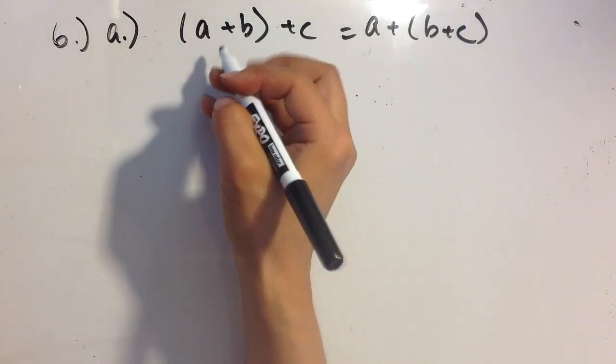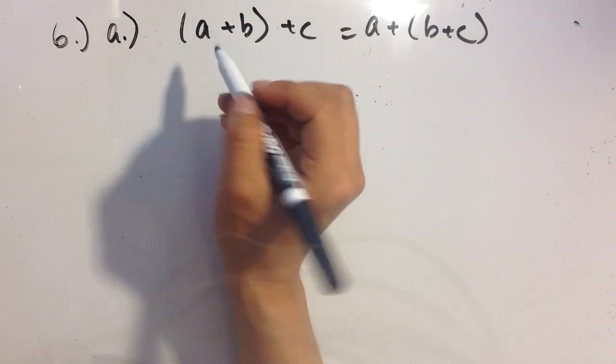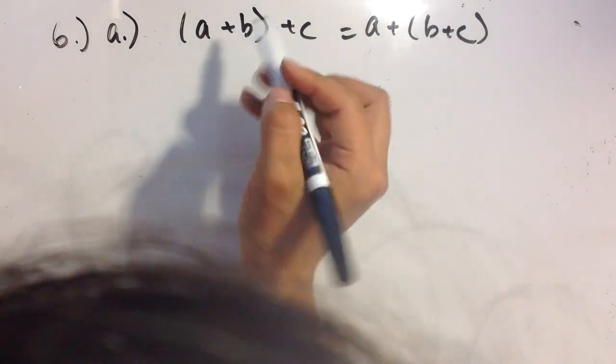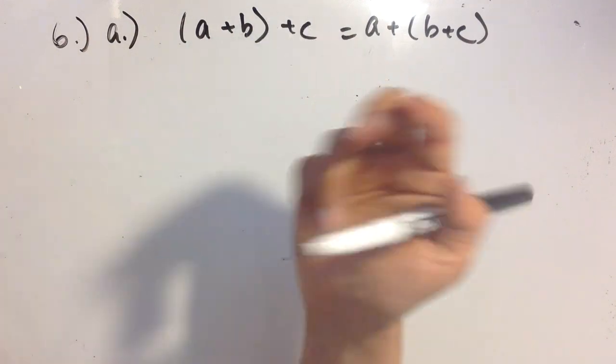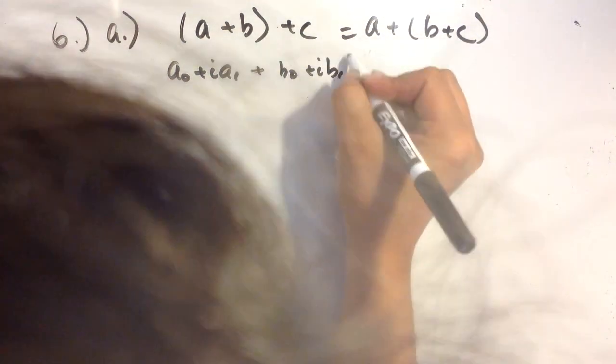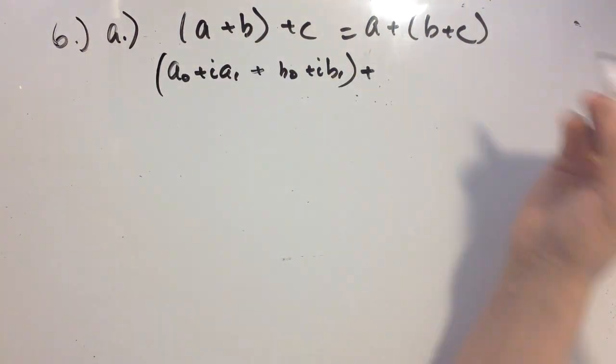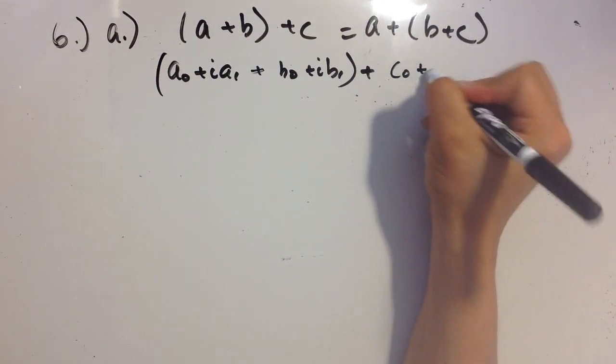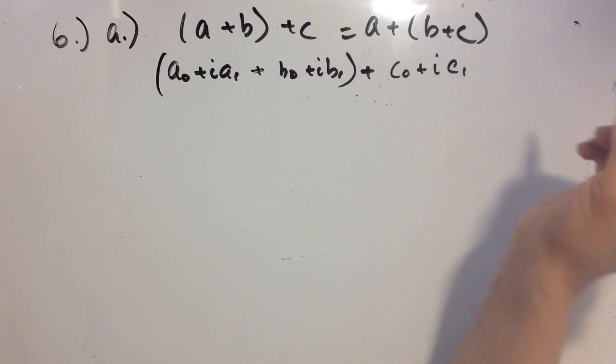To do that, we will break up a, b, and c into their real and imaginary parts. So we'll have (a naught plus i a1) plus (b naught plus i b1) plus (c naught plus i c1).